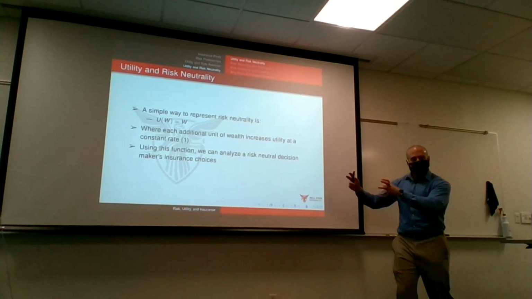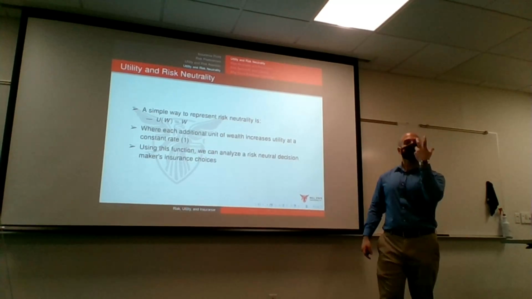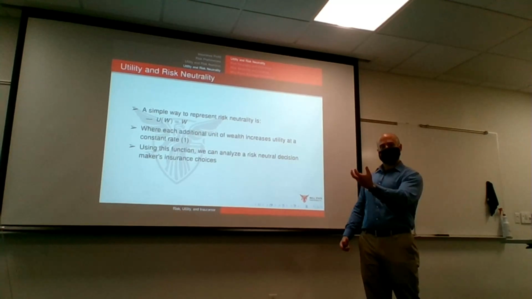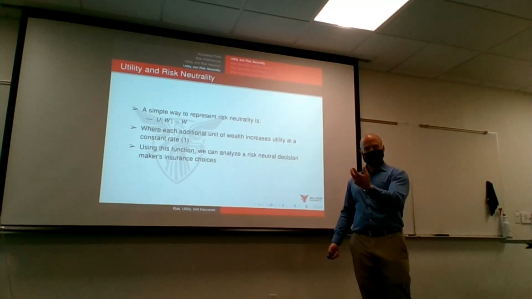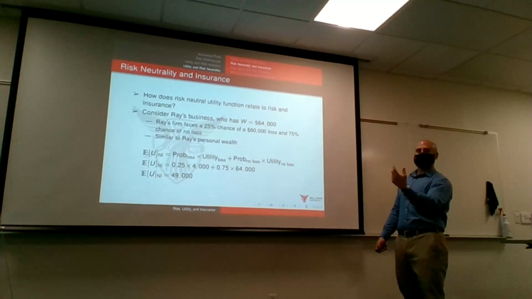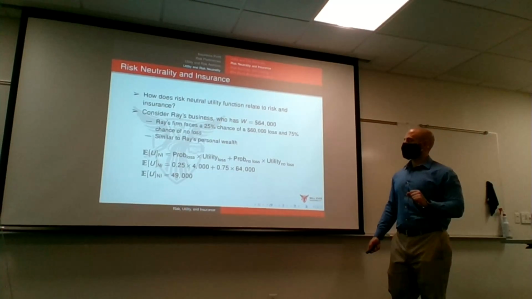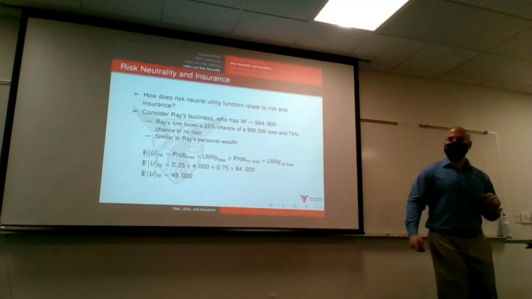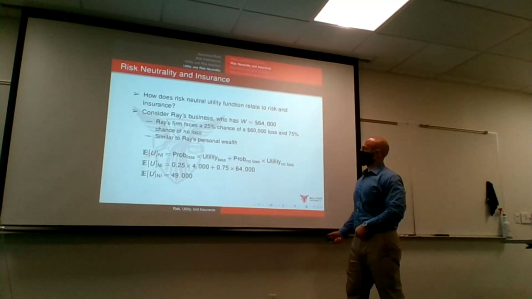So let's take Ray and say that Ray owns a business. So now we're looking at not Ray, but Ray's firm. And we assume that firms are risk neutral, so we can use this to map out his firm's decision on purchasing an insurance contract. Now his firm has 1,000 times the wealth and losses to match. So his firm has $64,000, 25% chance to lose $60,000.